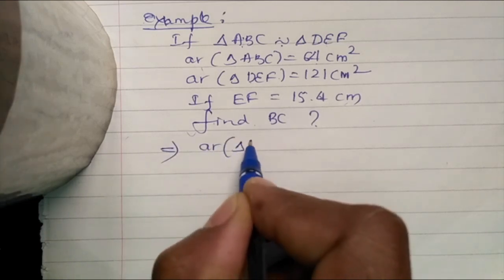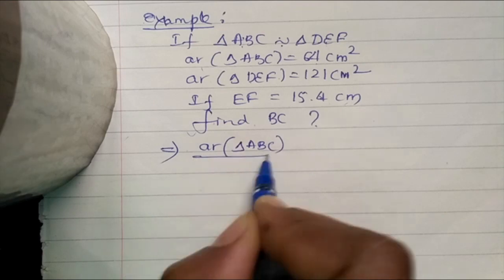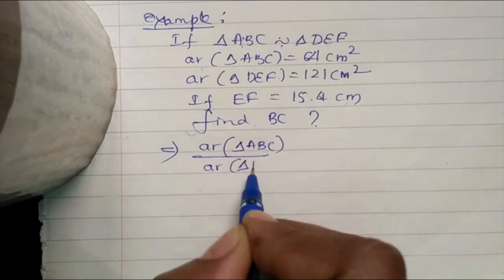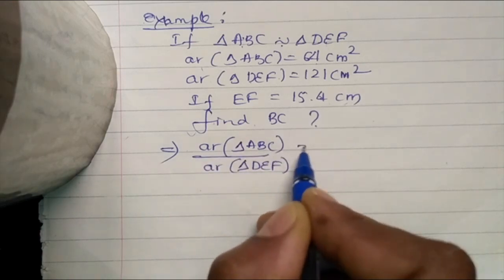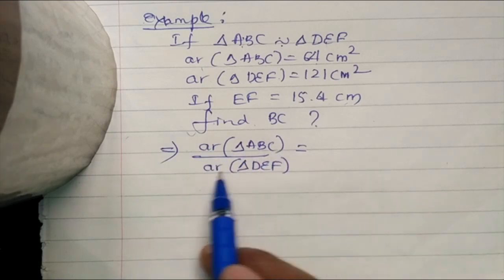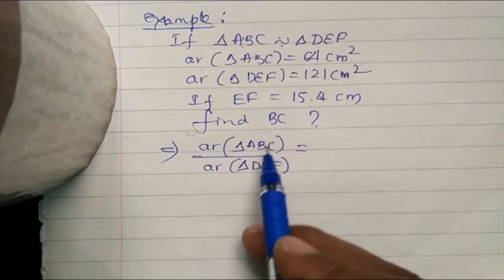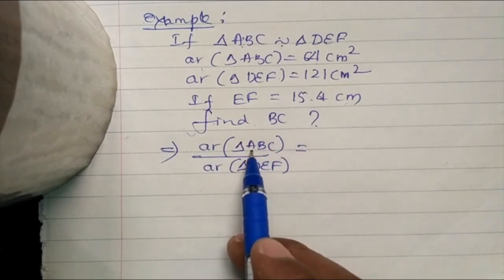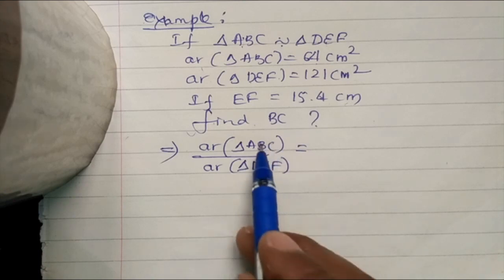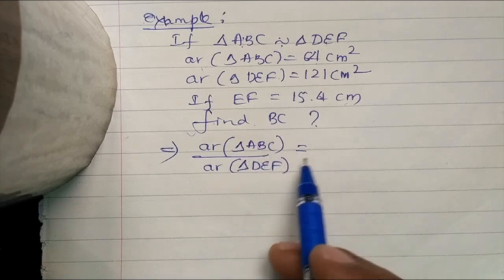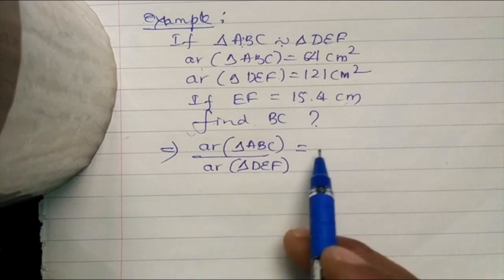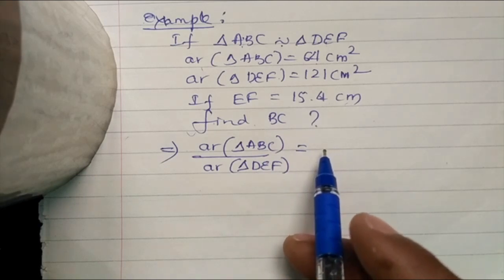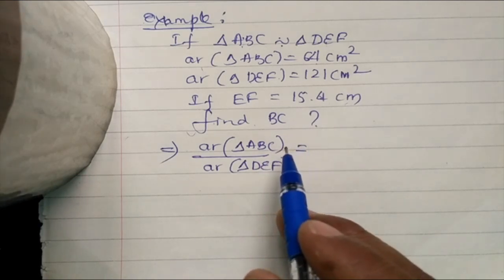Area of triangle ABC divided by area of triangle DEF is equal to, how do we write it? As I told, take any one pair of corresponding sides from both the triangles and go for squaring. You get the ratio of their areas.